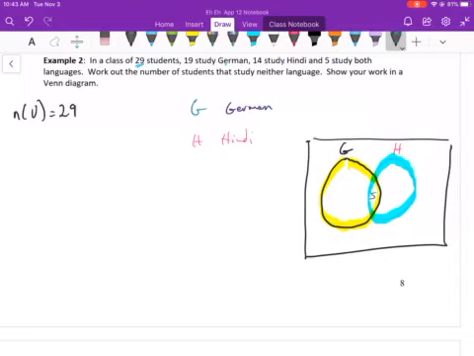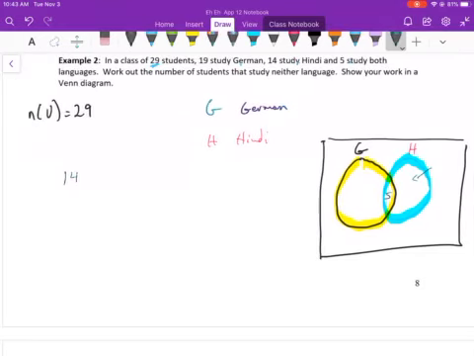Now, I'm going to try to figure out what number goes in here that just speak Hindi but not German. Well, we know that 14 speak Hindi, and if I subtract 5 that speak Hindi and German, I'm left with 9 students who only study Hindi. Similar argument can be made.